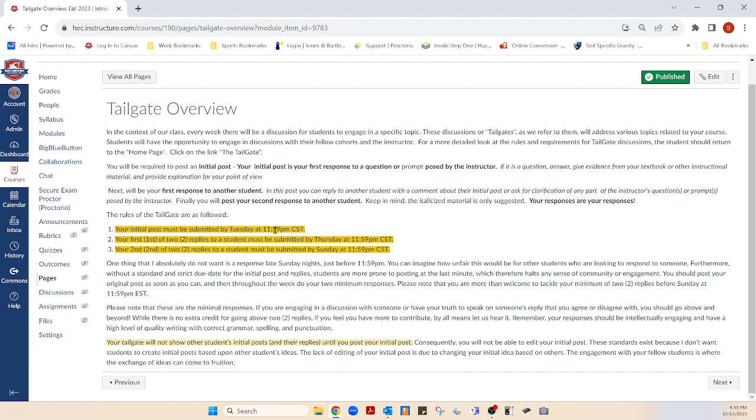One-liners won't get it. "I like your post" won't get it. You need to include why you like what your fellow cohort said. So it's not like you're trying to figure out 100 different ways to say I like what you said. Just say I like what you said and here's why.